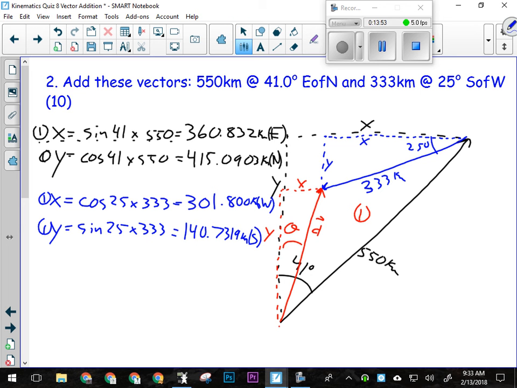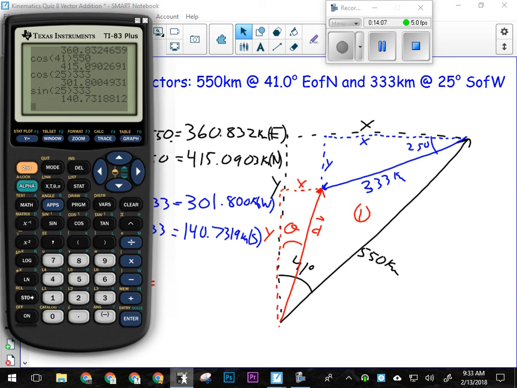Our next step is to calculate red x and red y. So red x is going to be our 360 kilometers east minus our 301 kilometers west. So we punch in that with all the decimals: 360.832 minus 301.8.